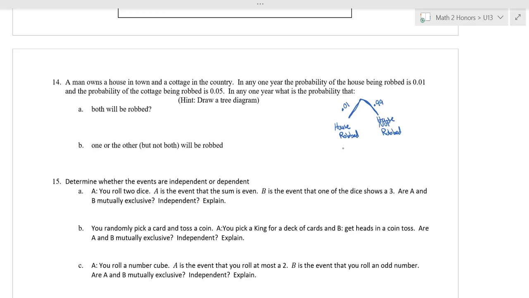But then there's this cottage. And the cottage could be robbed, or maybe not. And there's a 5% chance that the cottage is robbed and a 95% chance it's not.